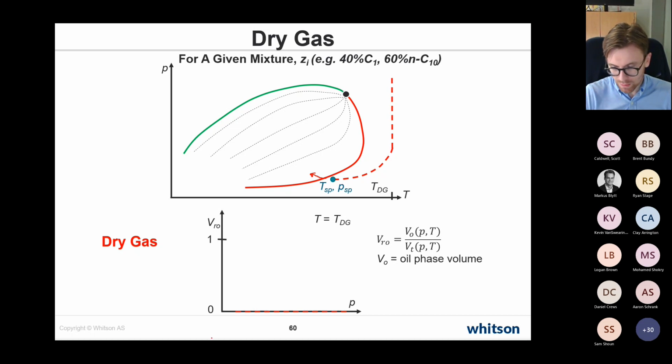And if Kurz was here, he could probably tell that story much better than myself. But my main point here is that it really matters what your surface conditions are, and we'll take a look at that in a sec.